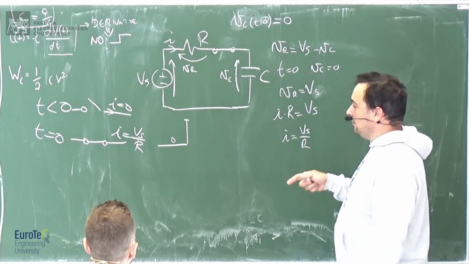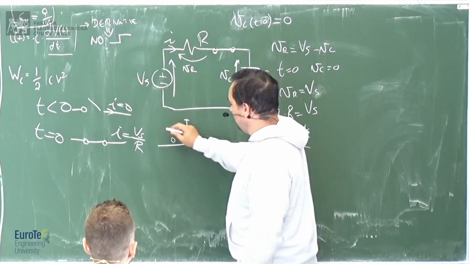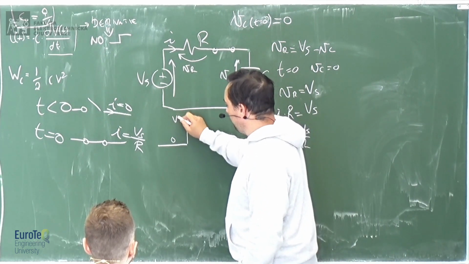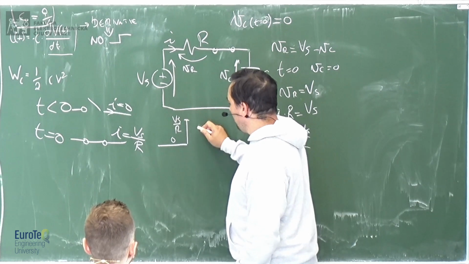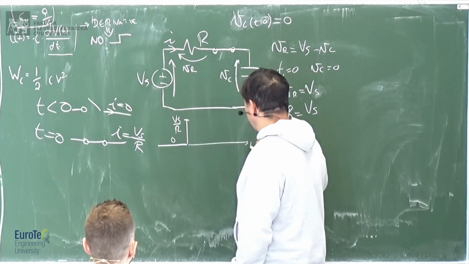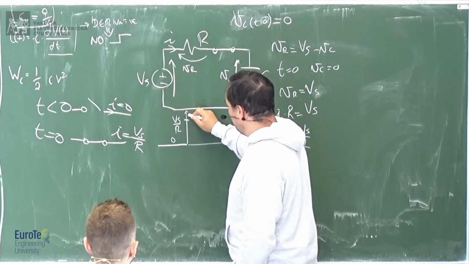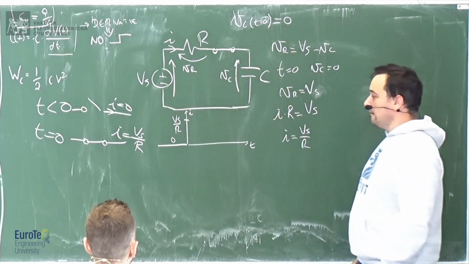So you go instantaneously from 0 to Vs divided by R. This is time, and this is current.